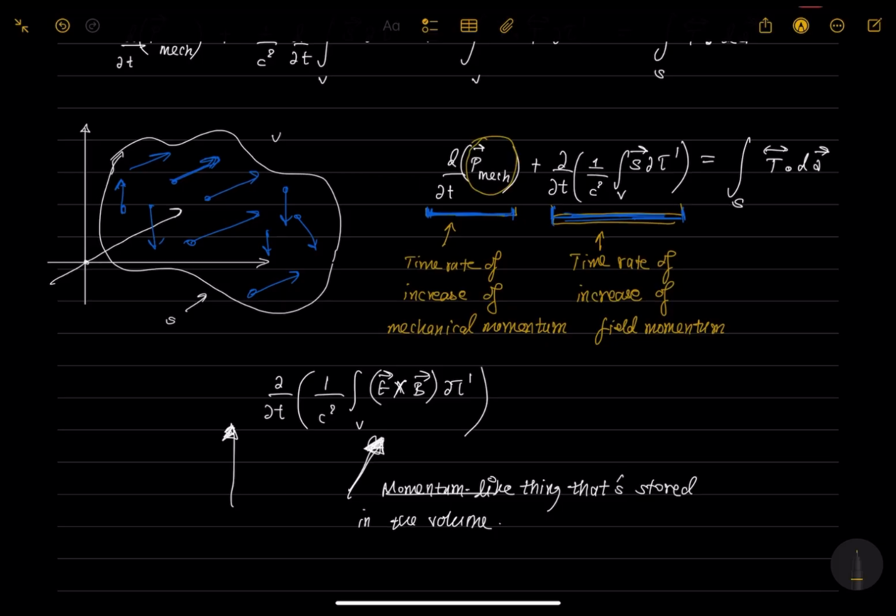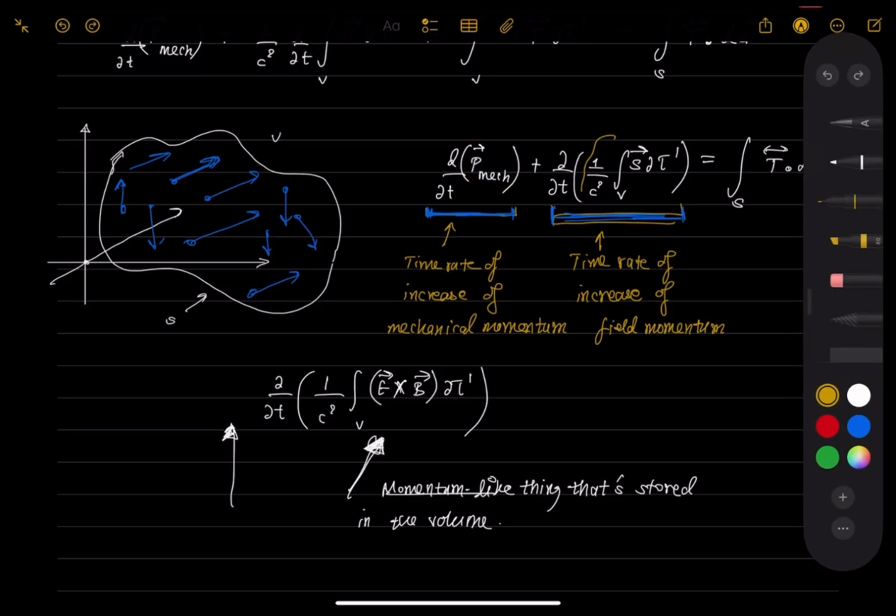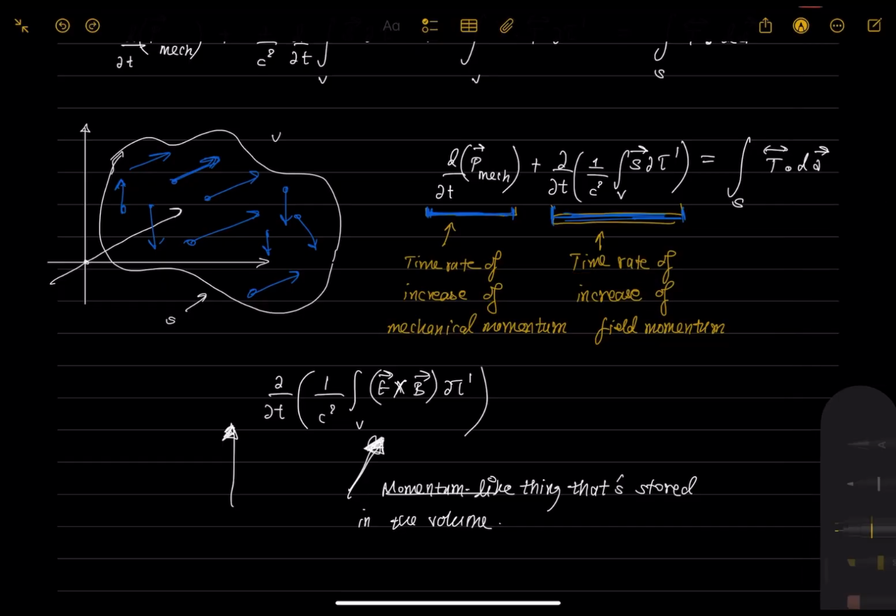Because the first term is a time derivative of momentum. The second term is a time derivative of something else. Let's interpret that as momentum itself, because it has the dimensions of momentum. You're integrating some vector quantity that's a resultant of E and B over the whole volume, which means you're integrating a momentum-like quantity over the volume. This should give you that part of the momentum which is not stored in particles, not by virtue of moving particles, but is stored in the fields, by the very virtue of the existence of fields in that volume.